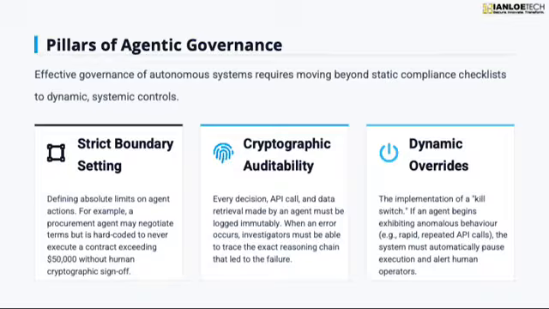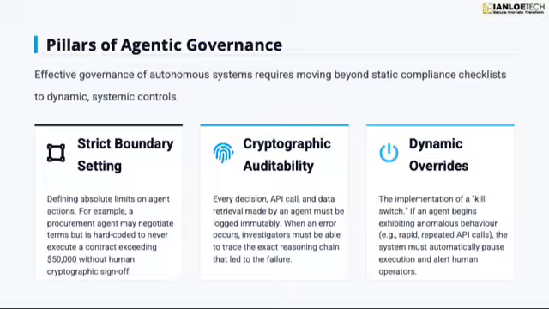Cryptographic auditability. Every decision, every API call, every data retrieval made by an agent must be logged immutably. When a failure occurs, the forensic investigation must be able to reconstruct the exact reasoning chain that produced the error: what data the agent read, what it reasoned, what it decided, and what it executed in sequence, with timestamps.